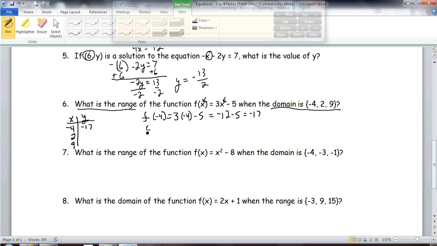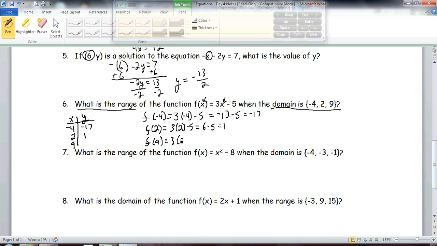Then what is the function of 2? That equals 3 times 2 minus 5, which equals 6 minus 5, which equals 1. So when x is 2, y is 1. And then I say, what is the function of 9?